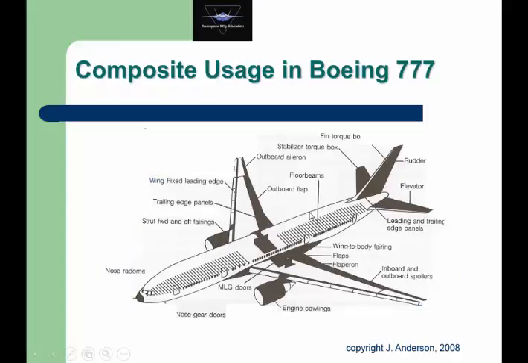This is composite usage on a Boeing 777, or 777 as it's referred to. You can see there's a fair amount of pieces here that are composites manufacturing. The 777 was the first commercial airliner to have a considerable number of composite parts designed in.